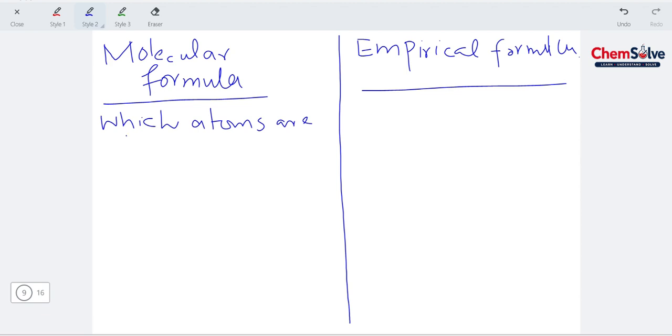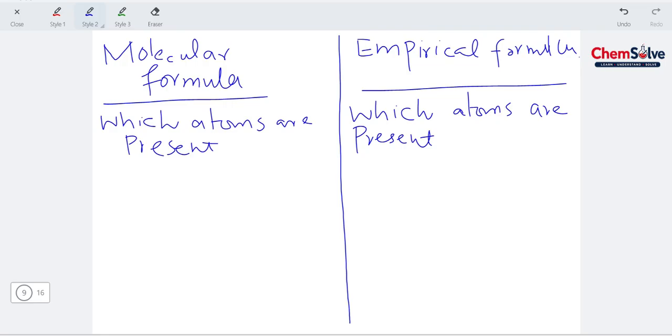Which atoms are present. Okay, the same information is provided by empirical formula. It also tells us which atoms are present in that specific formula.